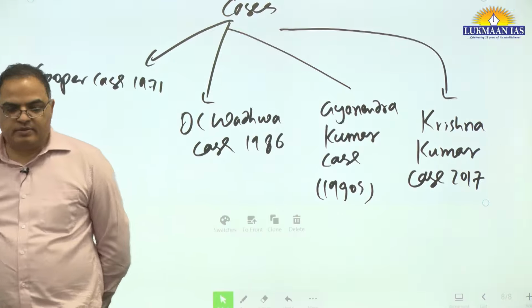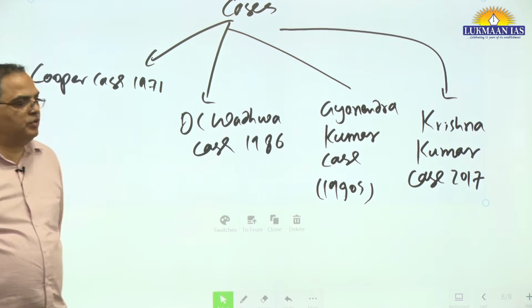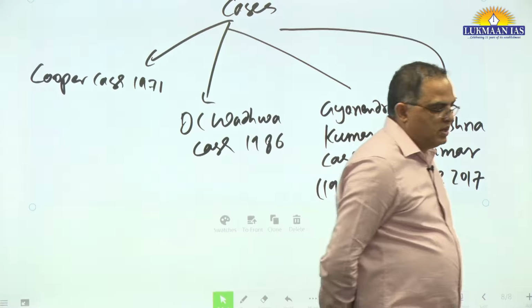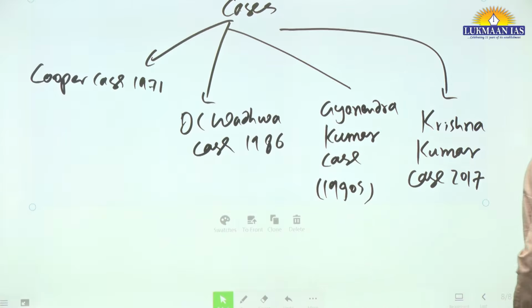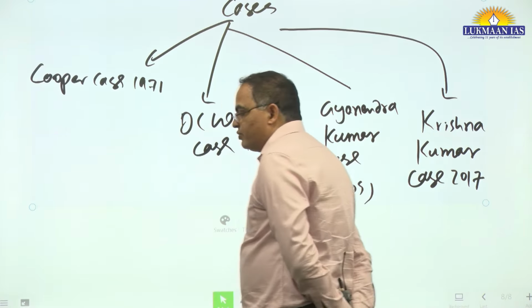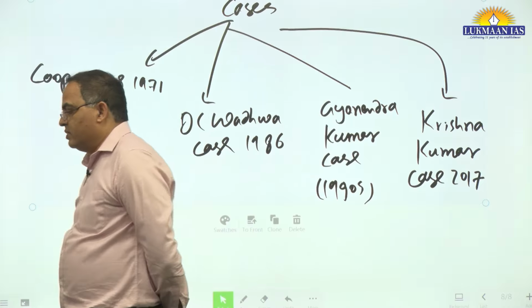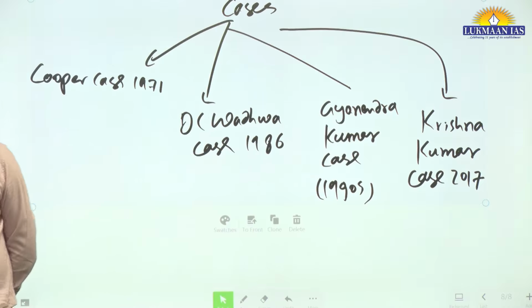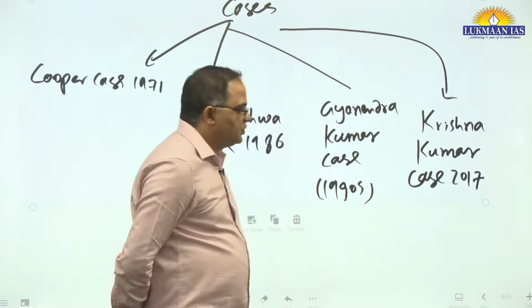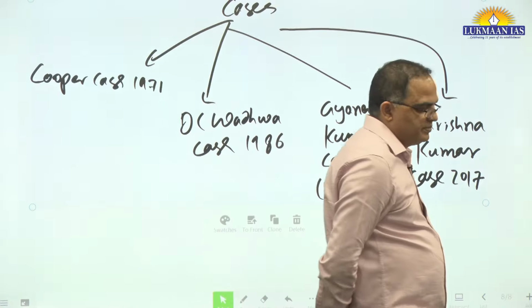Next, ordinances should be issued only in an extremely urgent situation, which could be justified by the executive.